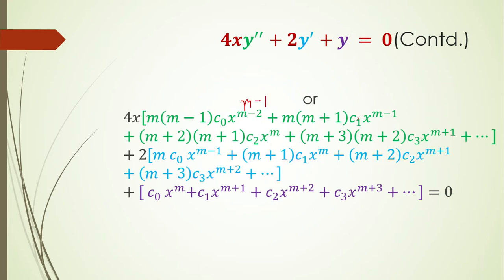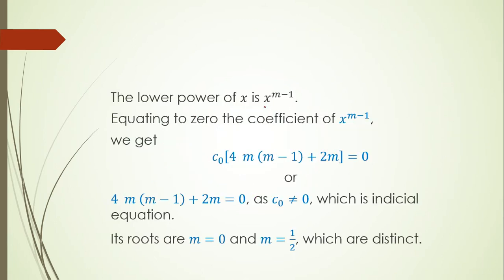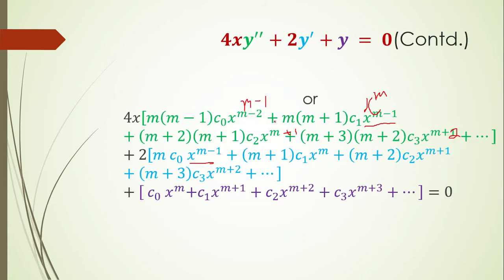So the lowest power of x is x raised to m minus 1.